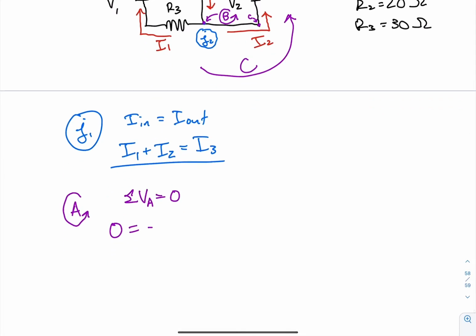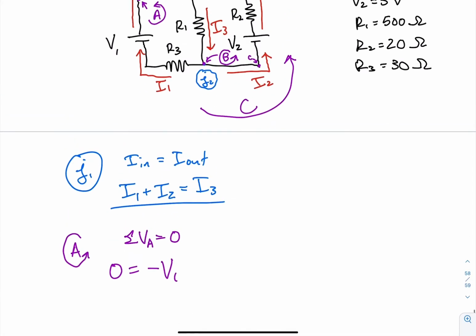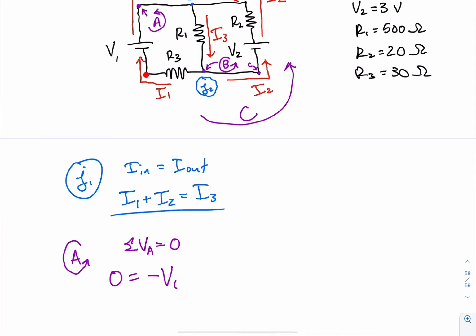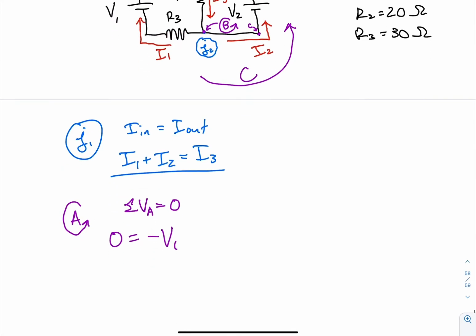So we have minus V1. Then we continue on loop A through R3. We're going to the right through R3, but the current was drawn to the left, so we're going against the current. That means we have to add R3I1. The voltage drop across R3 is IR always.